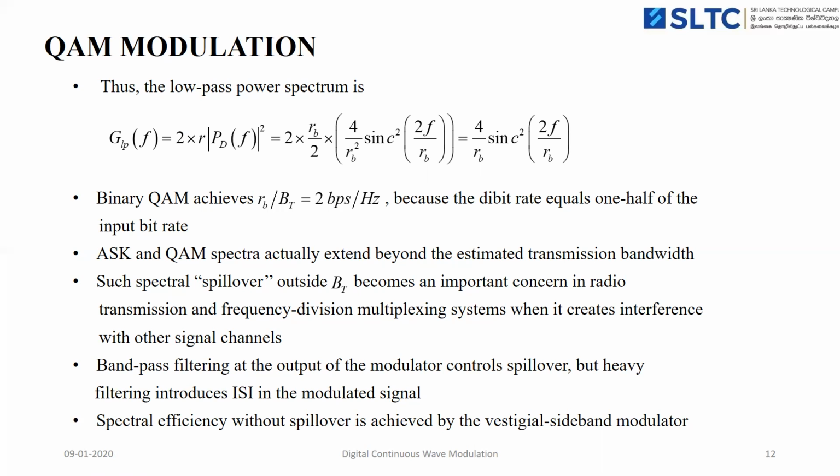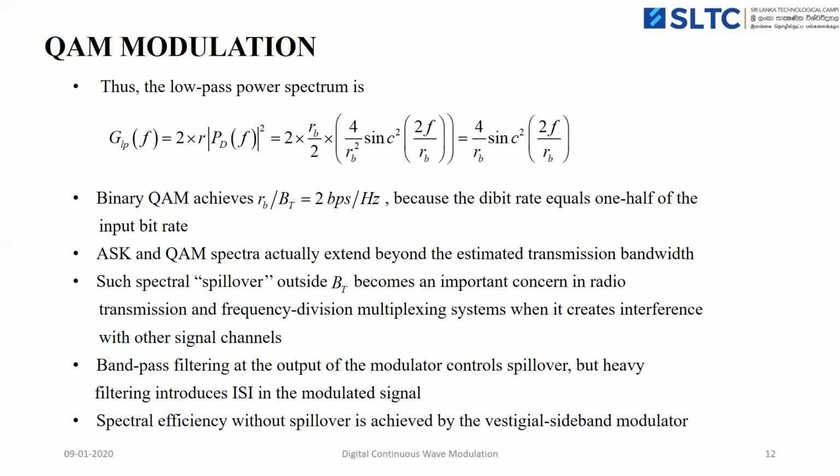Spectral spillover means some power is spread outside of the bandwidth. But by using a bandpass filter at the transmitter, we can remove the spectral spillover. However, if the filtering is excessive, it introduces ISI in the modulated signal.